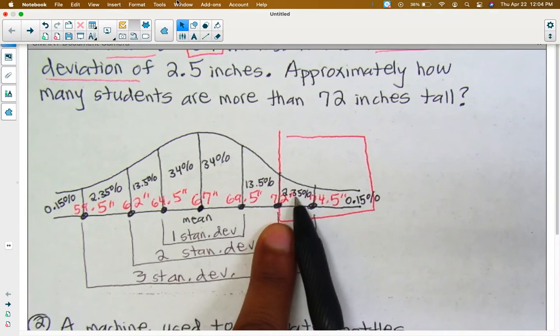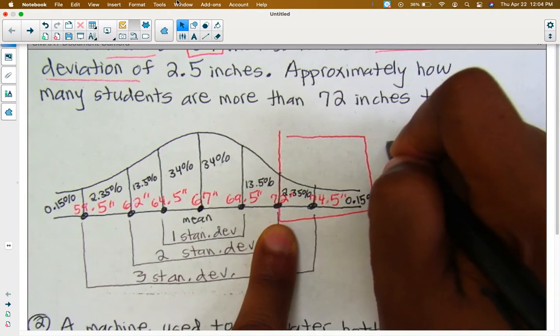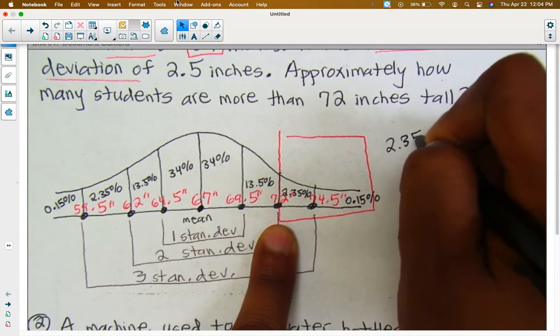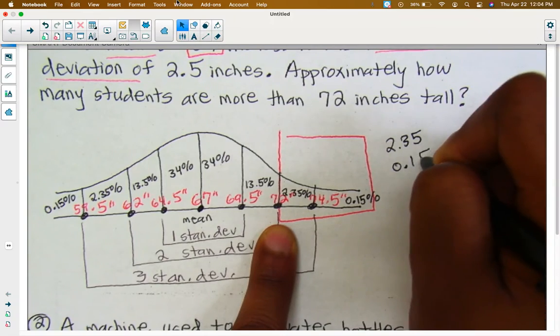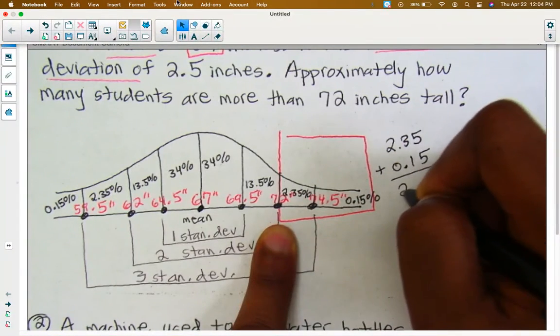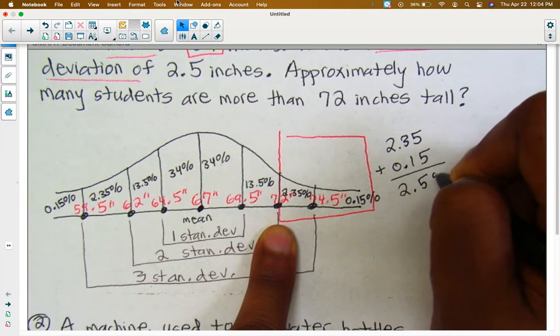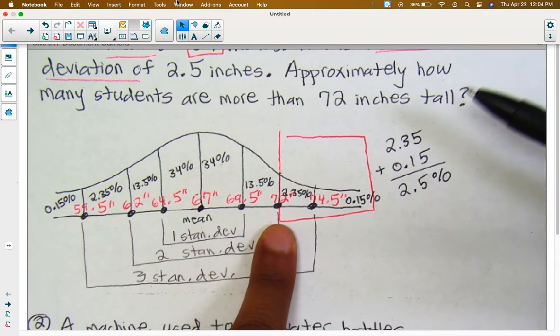Well, I can add these 2 percentages up. 2.35% plus 0.15 gives me 2.5%. Now, the question doesn't want to know what percentage of students are taller than 72 inches. It wants to know how many students.